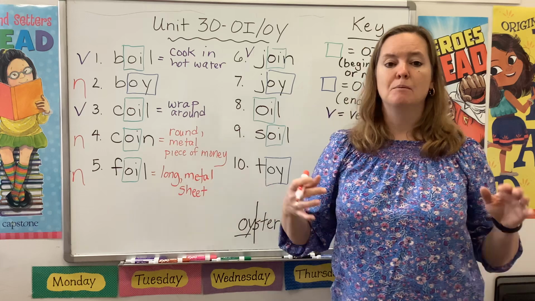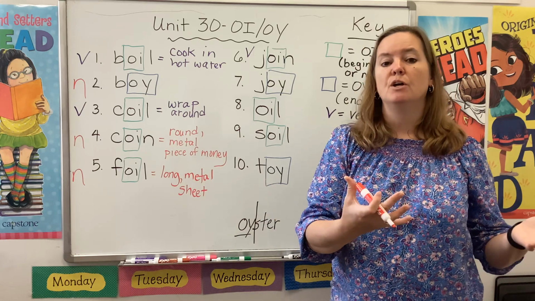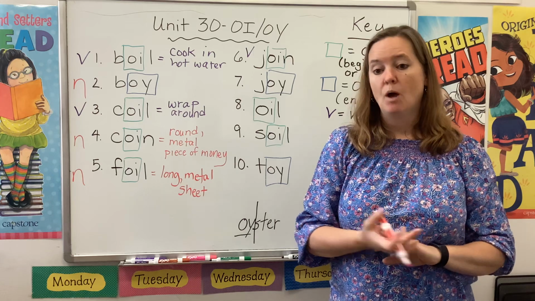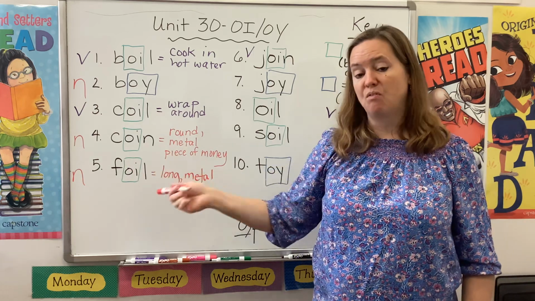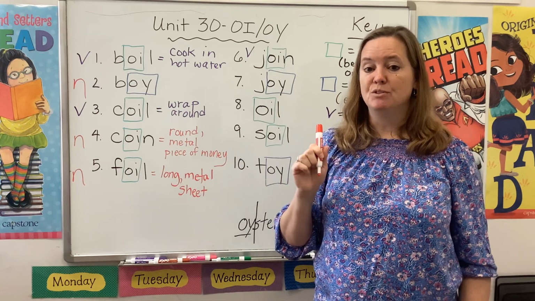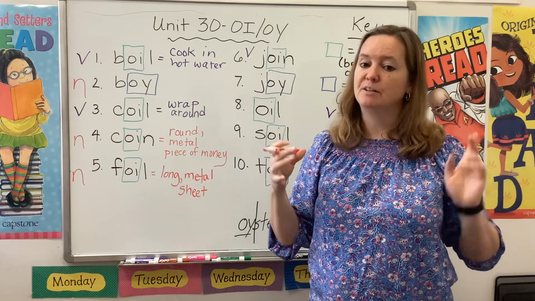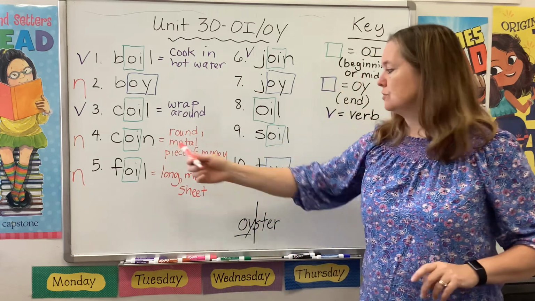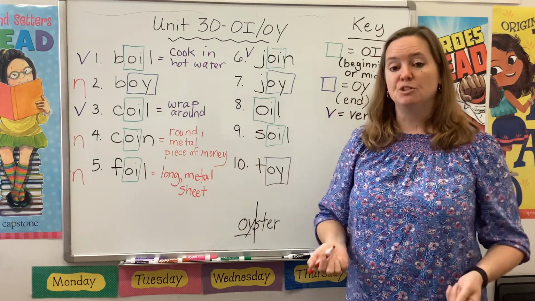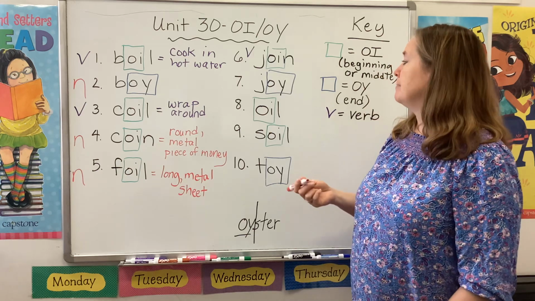So if you're bringing brownies to grandma's house, you might put them in a container and then cover it with foil. One thing to remember, because foil is made out of metal, never put it in the microwave. If you do, you're going to see sparks and you could start a fire. Okay? So foil is a long metal sheet. It's rolled up and it's used for wrapping food.